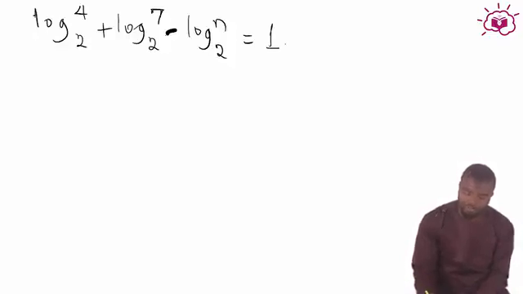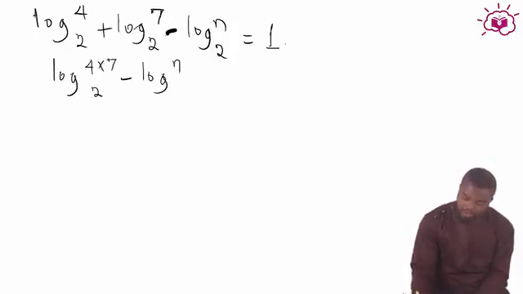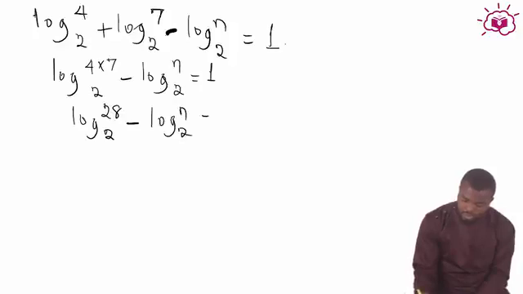That would mean we have log 4 times 7 base 2 minus log n base 2 equals 1. 4 times 7 will be 28. So log 28 base 2 minus log n base 2 is equal to 1.